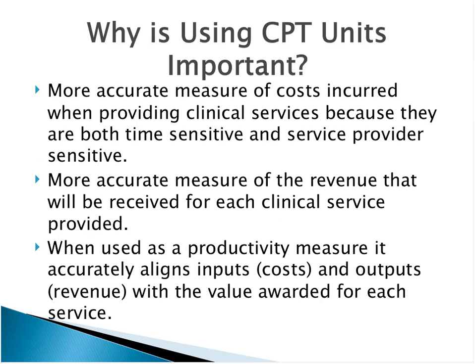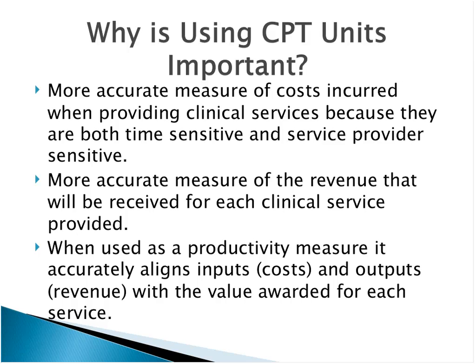So the amount of units of service that you generate is sensitive to the amount of time that you're spending providing that service. The other thing is that they're service provider sensitive, in that the service weights provided to your psychiatric service providers, who tend to be more expensive, tend to have a higher rate, or higher weight. So they're sensitive to cost.